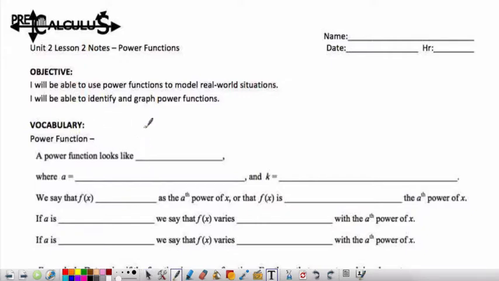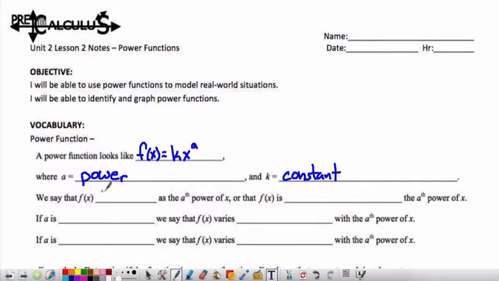A power function looks like this. So what you can see here, a is a power, and then k is the constant, and then x is just our variable.